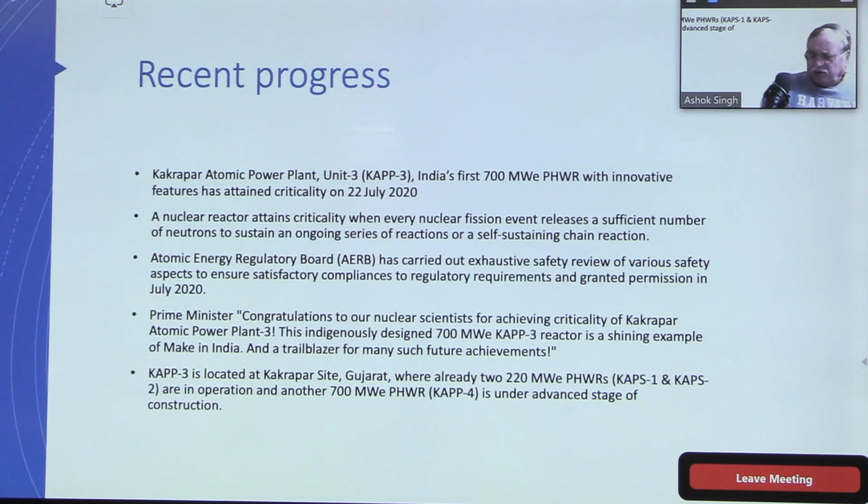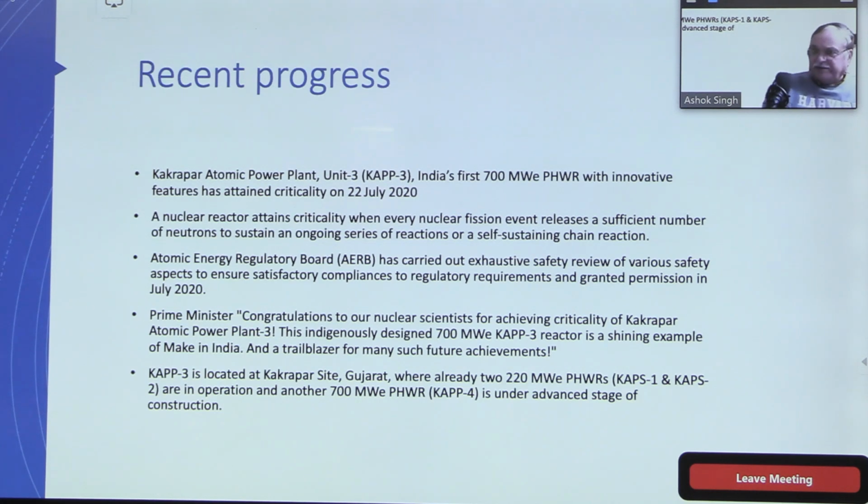There is a body called the Atomic Energy Regulatory Board, which conducts safety reviews of nuclear plants. So AERB conducted safety reviews of this new KAPP 3 and granted permission in July 2020.